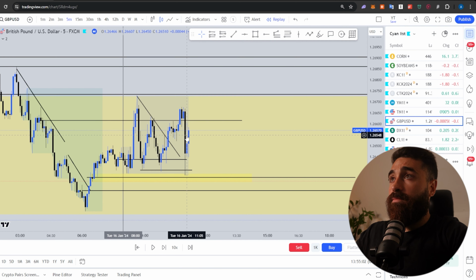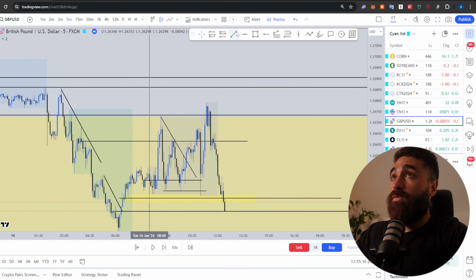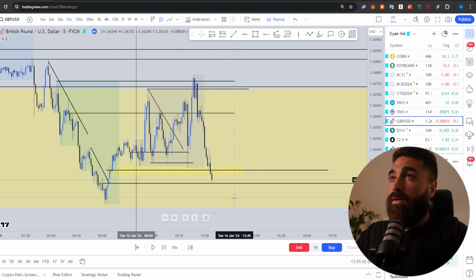This is probably some news or not, but we are holding this area. Okay, I'm still bullish that we're going to hit this area up there. Okay, and this is what the market does. We remove this liquidity, we remove this liquidity, and then we can go back.